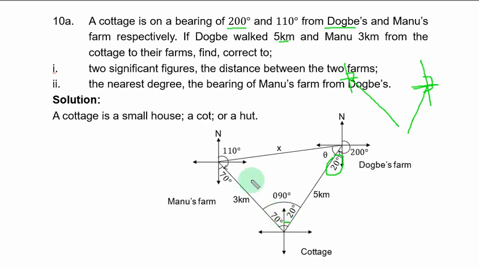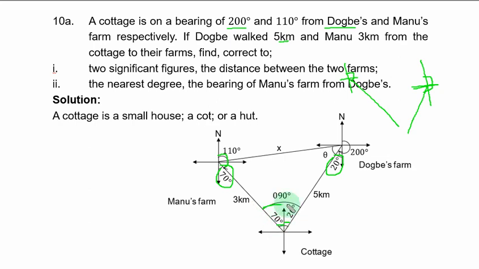Then from Manu's farm, the bearing from the north to this point is 110 degrees. The whole of the first and second quadrant is 180 degrees. If you have 110 out of it, the remaining place must be 70 degrees. So by implication, this angle is 70 degrees.